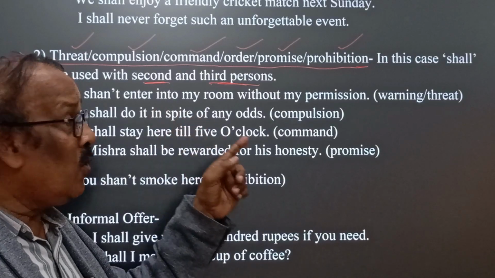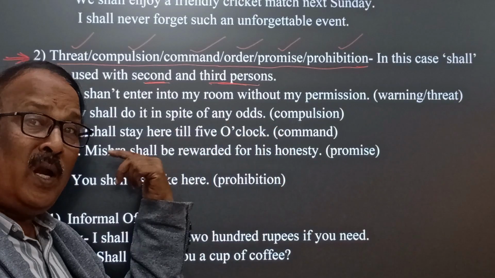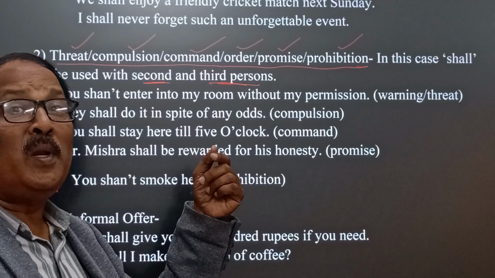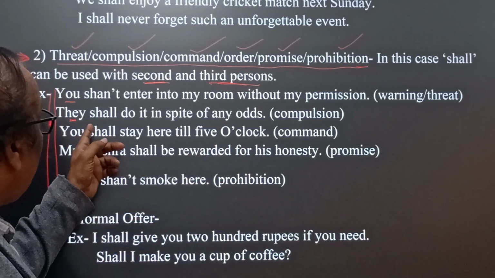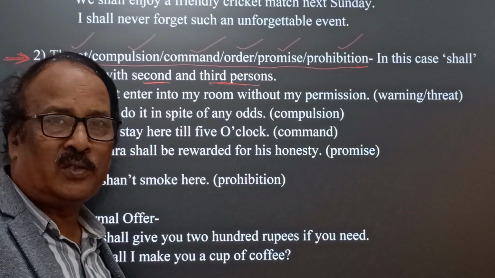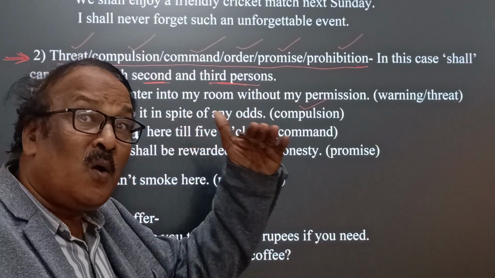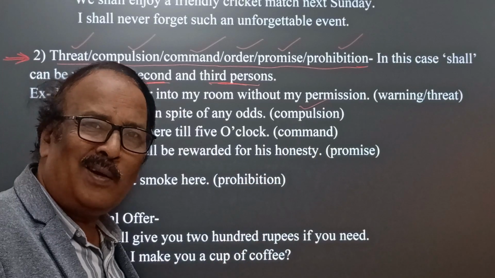Here the speaker warns or threatens somebody not to enter his room without his permission. They shall do it in spite of any odds. It indicates a compulsion. Here the speaker compels them to do it in spite of any hurdles.